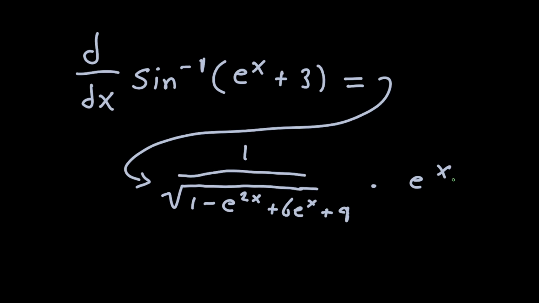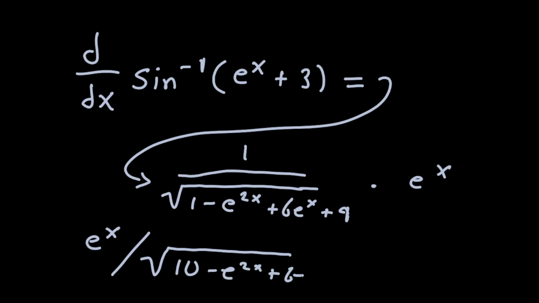So we can simplify this to get e to the x over the square root of 10 minus e to the 2x plus 6 times e to the x.